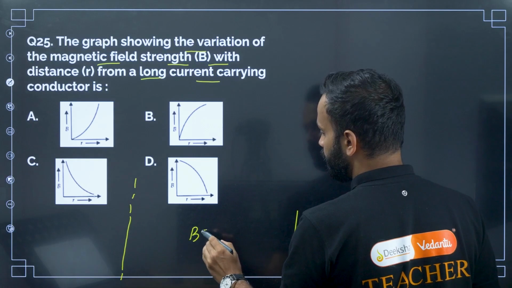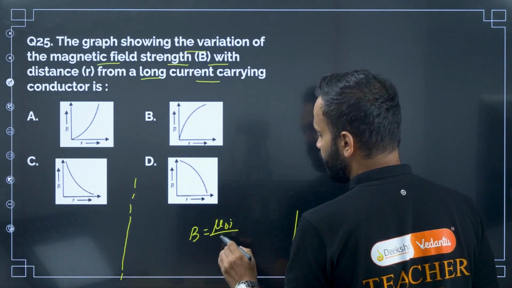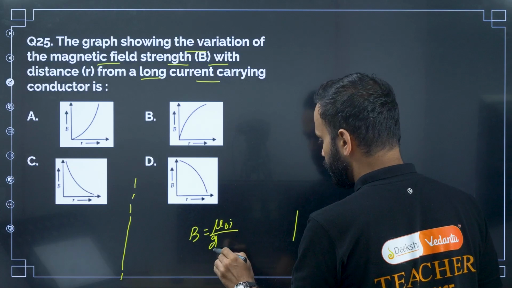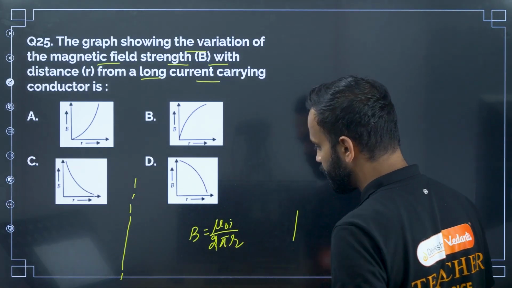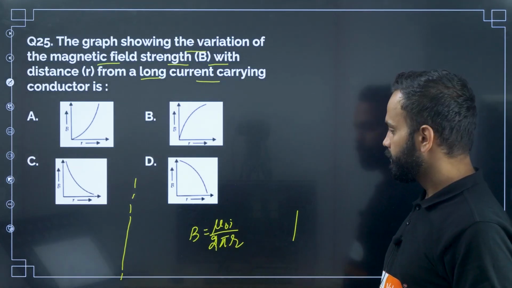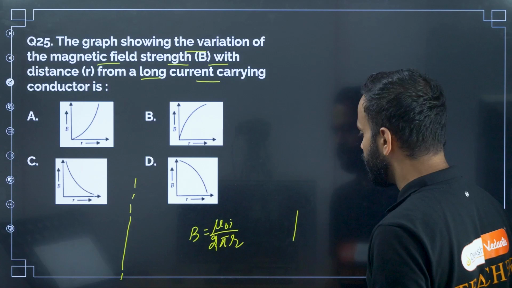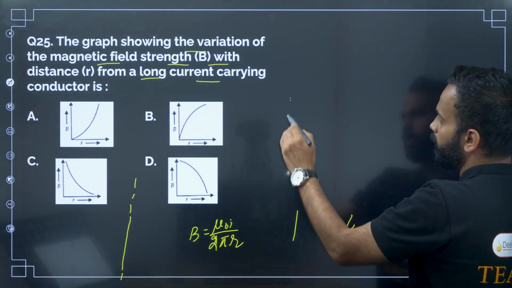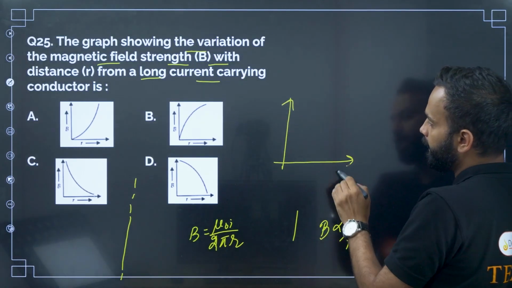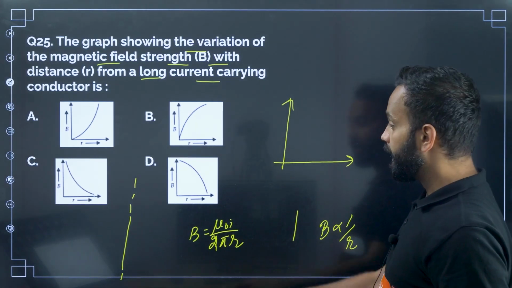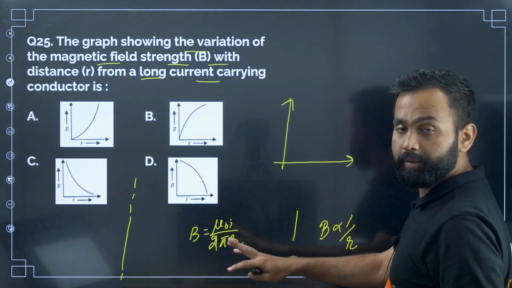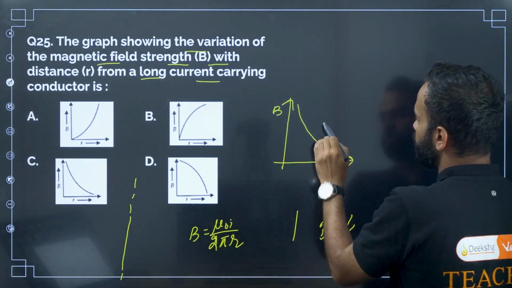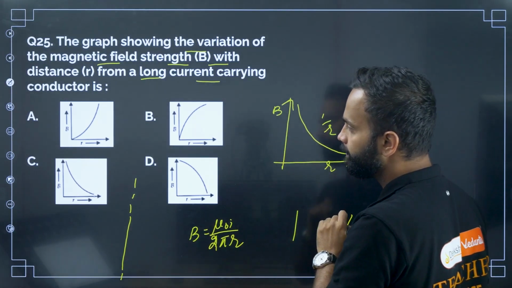B is equal to mu naught I divided by 2 pi r, right? I is constant, and mu naught by 2 pi is also constant. So the magnetic field is inversely proportional to r. As you move away from the long conductor, the magnetic field decreases inversely like this. So the correct option is C.